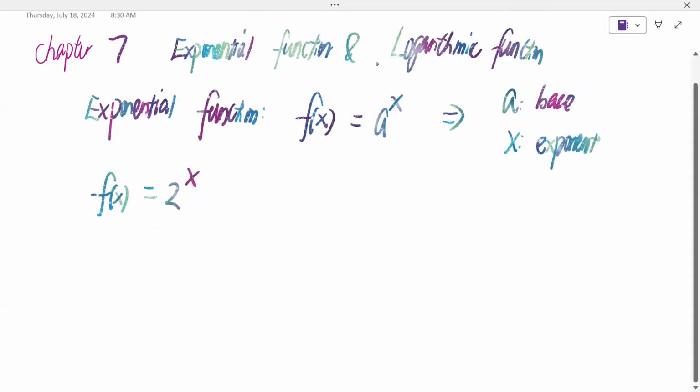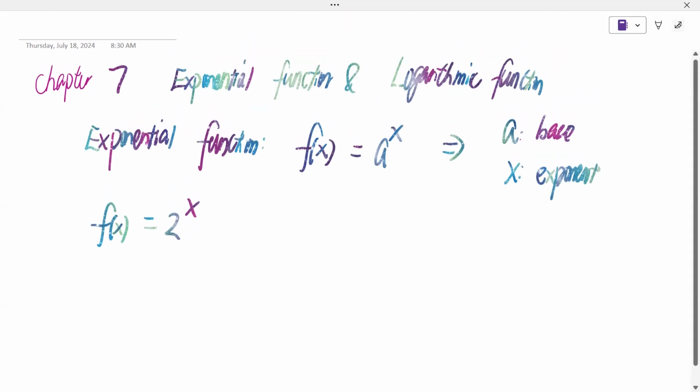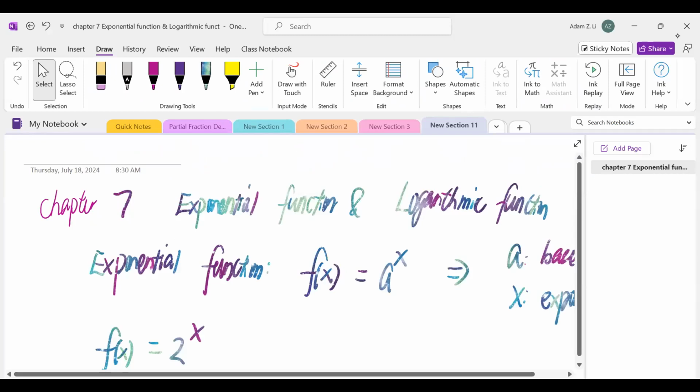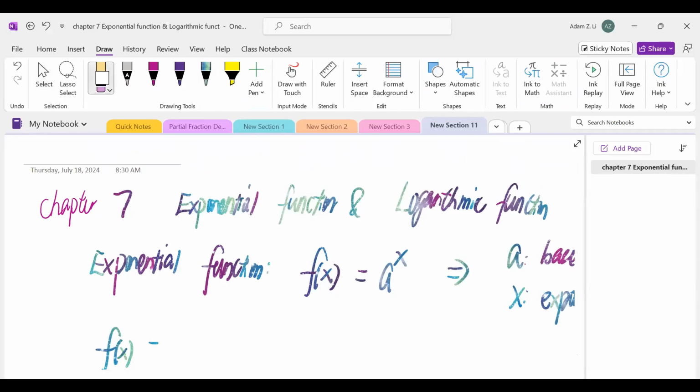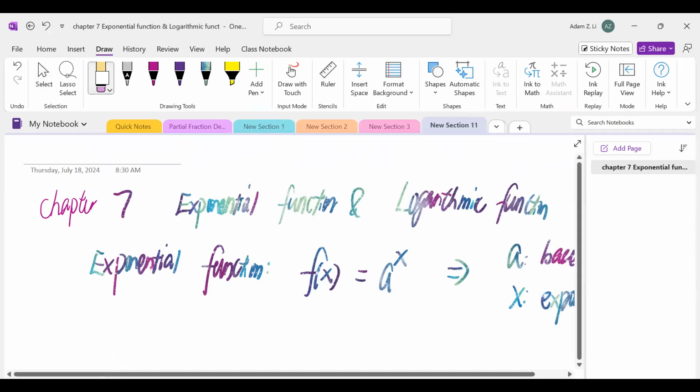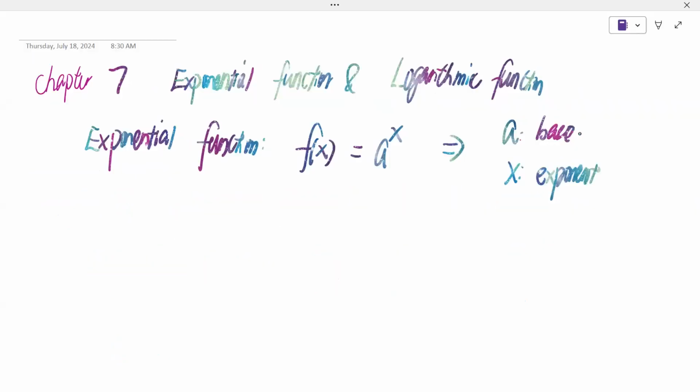So basically, there are a couple of things about this type of function. Before we jump to that, let me show you the graph of the function before we start talking about examples. So the typical graph will look like this.